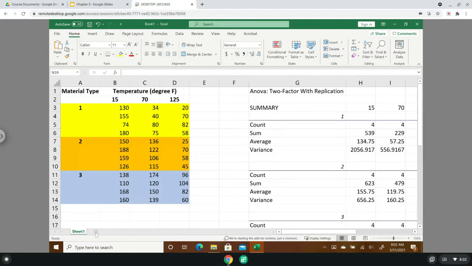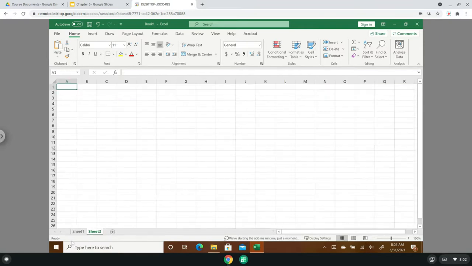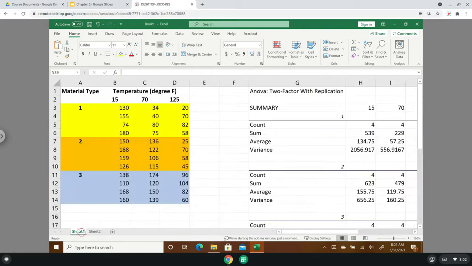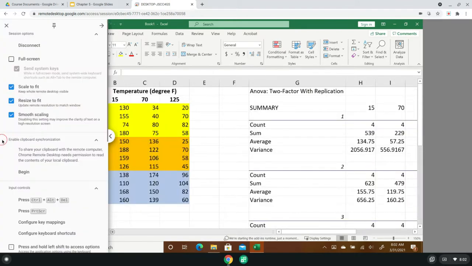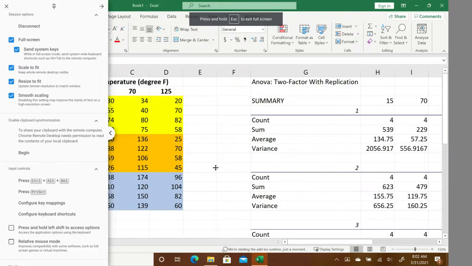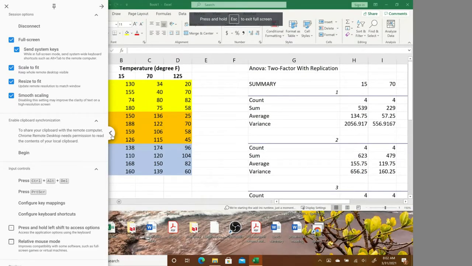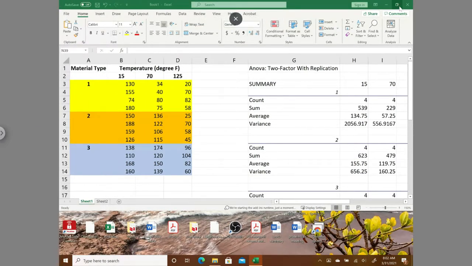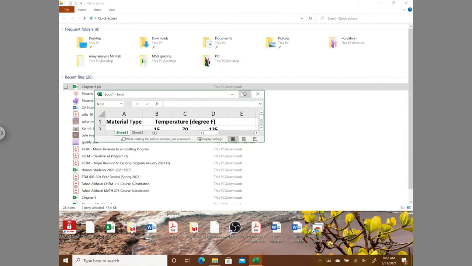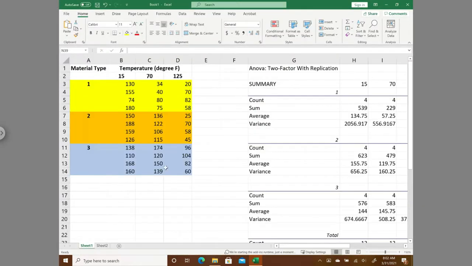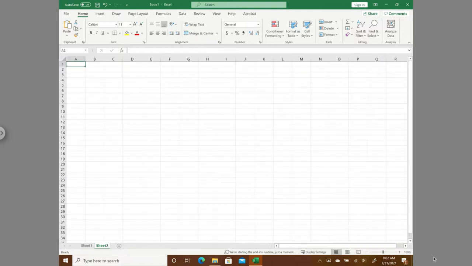So let's check that assumption on residuals. To do that, I'm going to open a new sheet here, and I have to organize the data in a little different fashion.